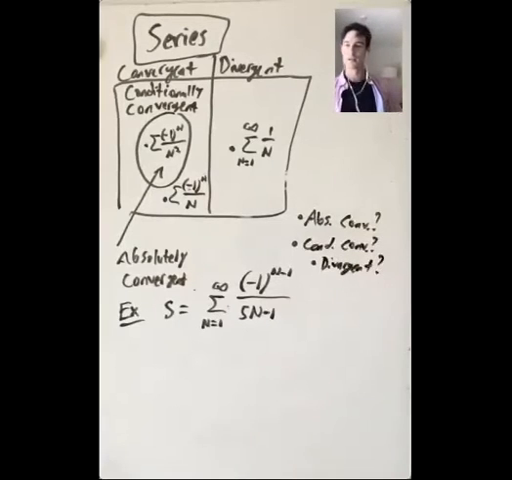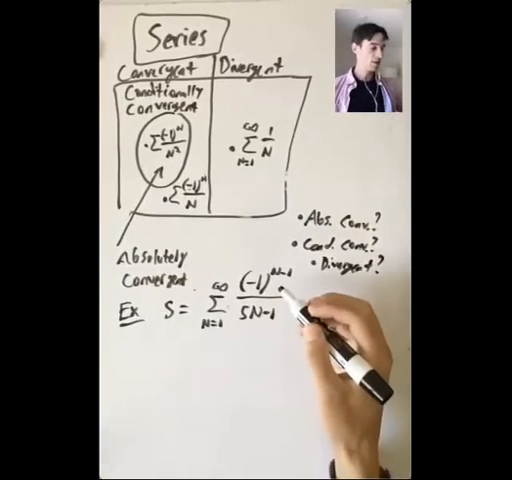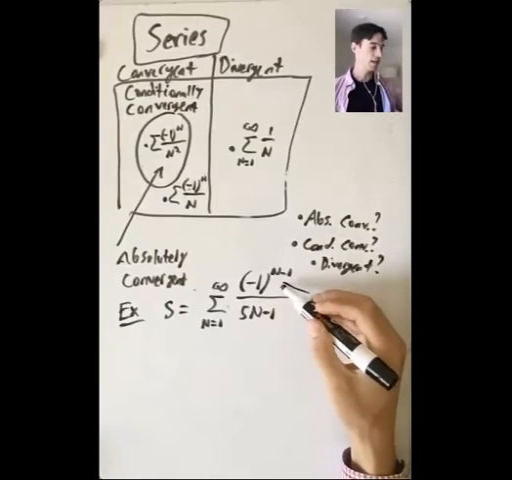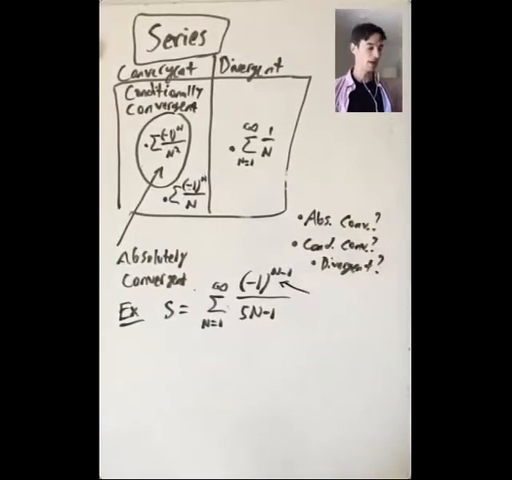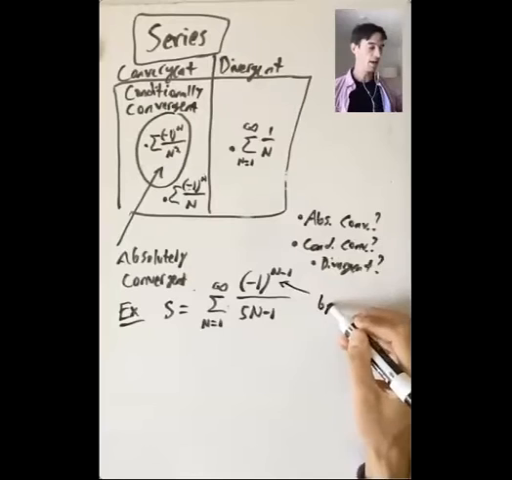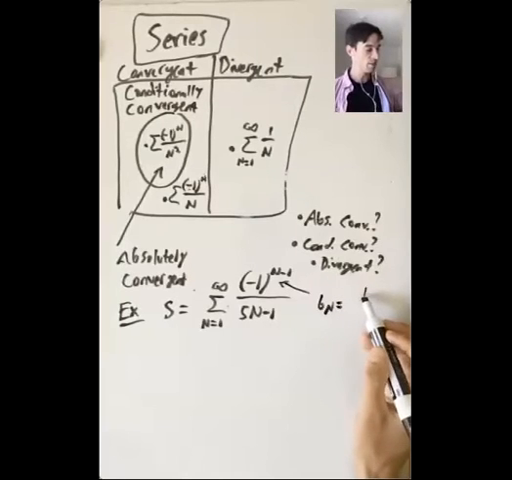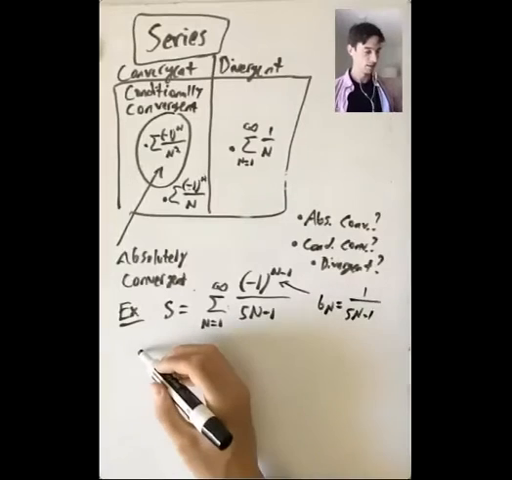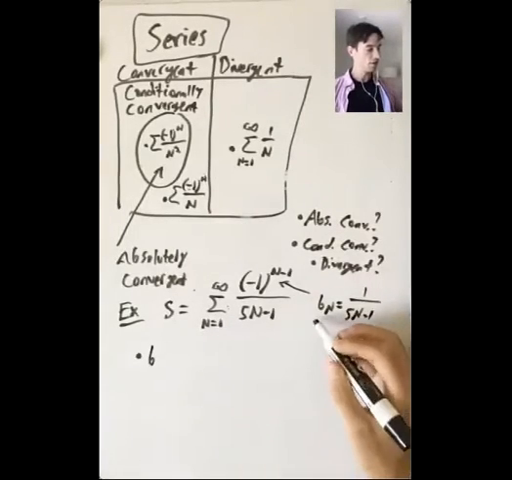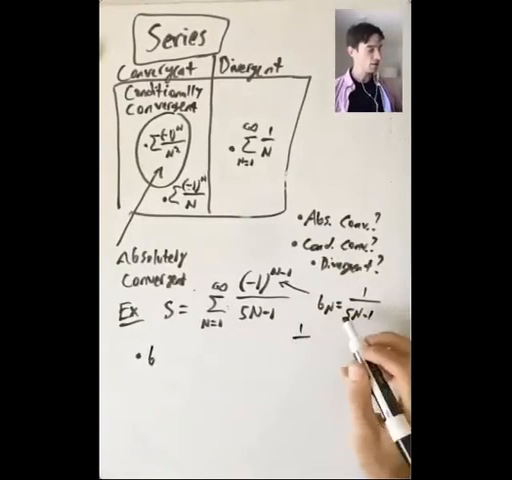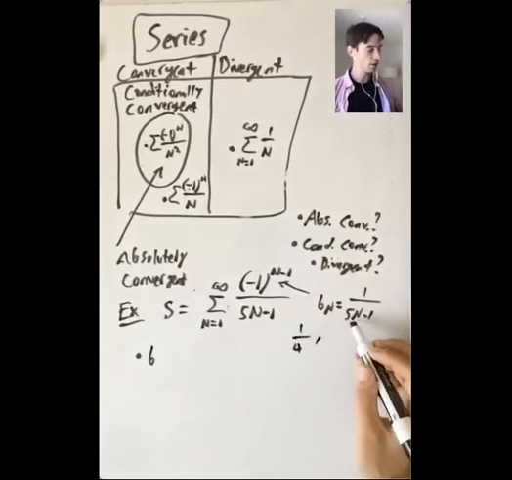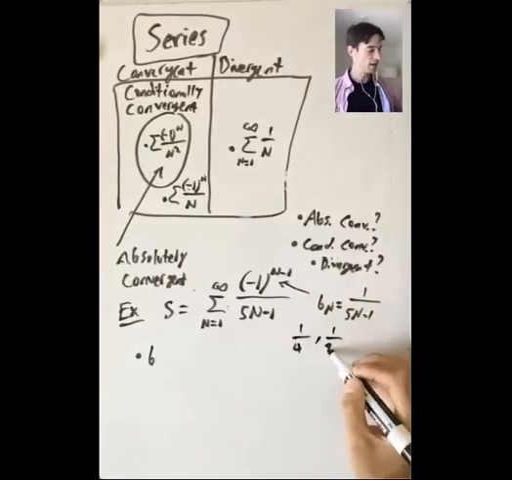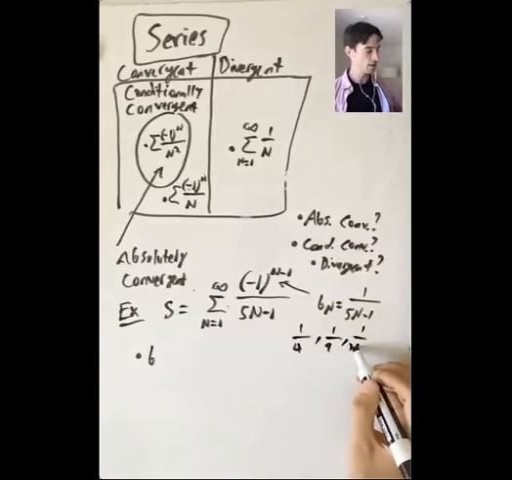Okay, so looking at a series like this, what's the first thing you would want to try? Well, this is an alternating series because of this (-1)^(n-1). So we want to apply the alternating series test with Bn equals 1 over 5n minus 1. If you look at the first few values of Bn, you get 1 over 5 minus 1, which is 1 over 4, 1 over 9, 1 over 14.